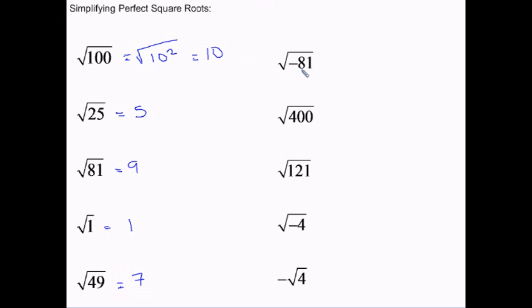Square root of negative 81. We're in the real number system. And in the real number system, we don't have any perfect squares that are negative, because if I take 9 and I square it, I get 81 because it's 9 times 9.